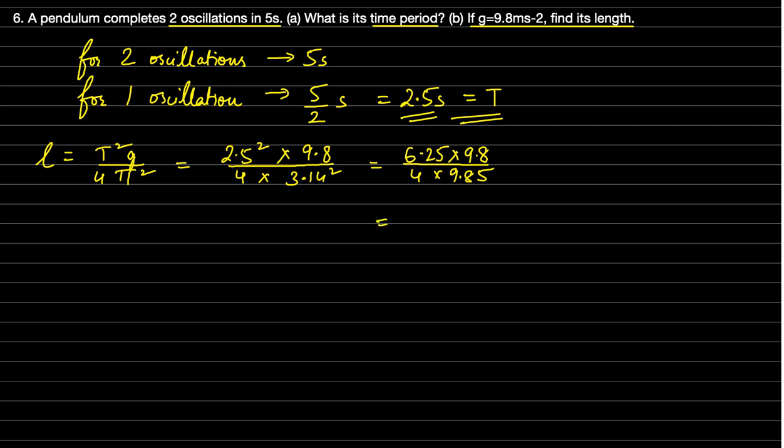So I will write 39.4 in the denominator, and 6.25 into 9.8 gives us 61.25. So 61.25 divided by 39.4, we get it as 1.55 meters. So the length we got here is 1.55 meters.